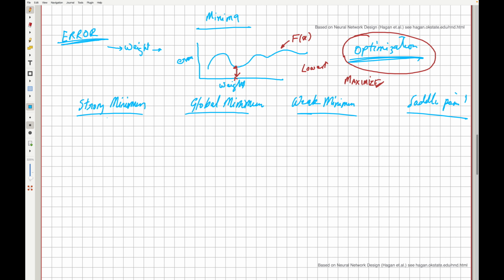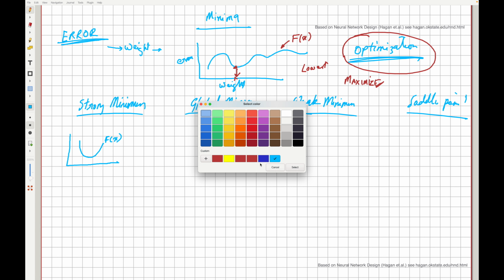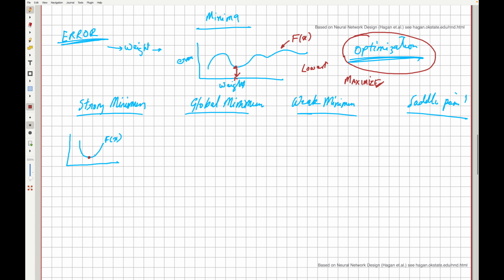With the strong minimum, what we are saying is that if I am looking at a curve such as this one above, or we could draw another one, if our f of x looks like this, and the lowest point in this particular curve is this one, then if we are standing here and we take a small step in any direction from that point, which we represent by x star, then the f of x increases, right?